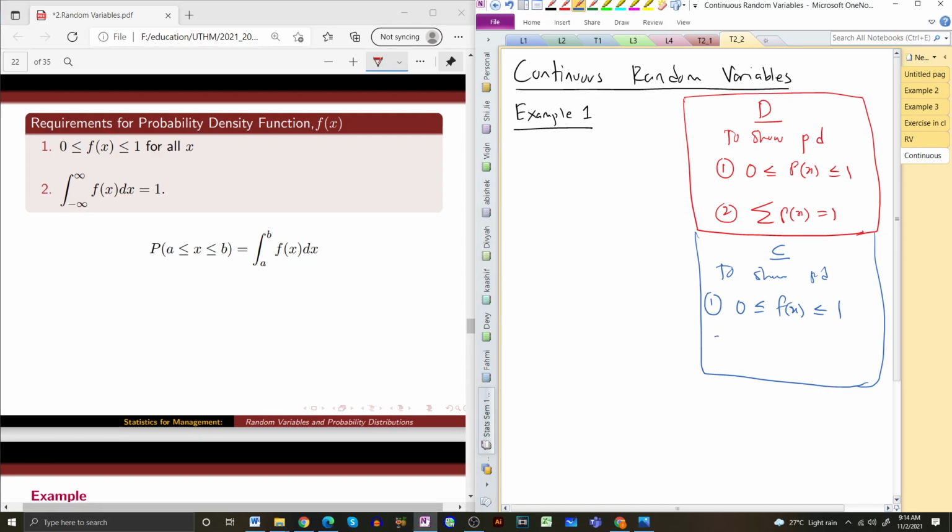And the second, the total probability in continuous will be integrated. Hope you guys learned integration in maths. If you integrate f(x), you should get 1. Alright, that's the idea.